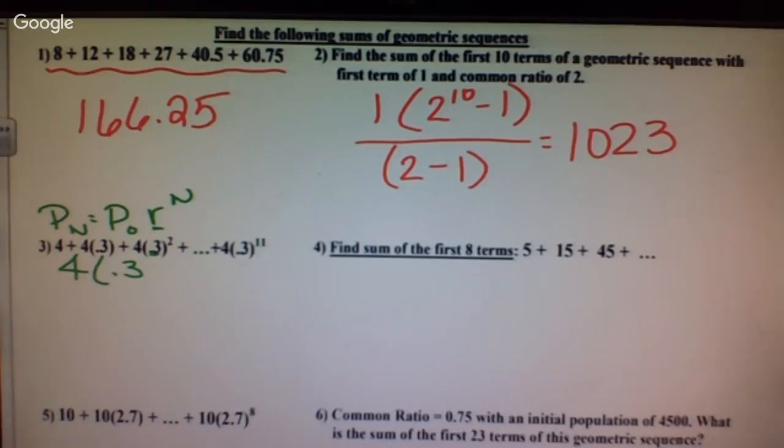How many terms am I trying to add up in this one? It finishes at 11, but what's my first term? P sub 0. So how many terms? 12 terms. Minus 1, all over 0.3 minus 1.